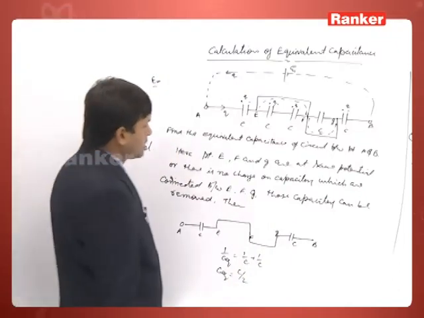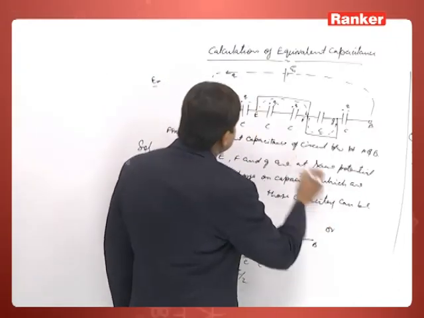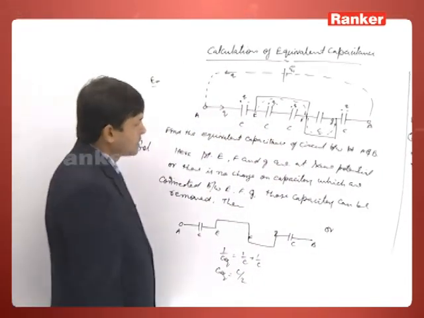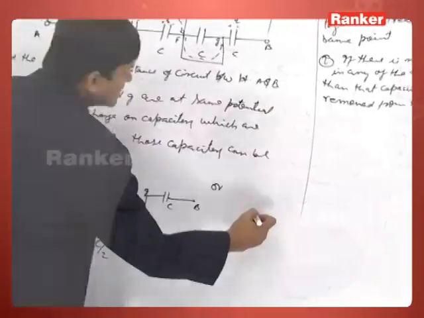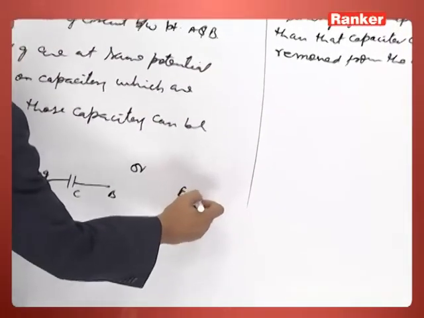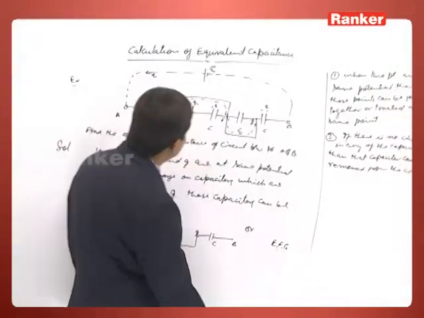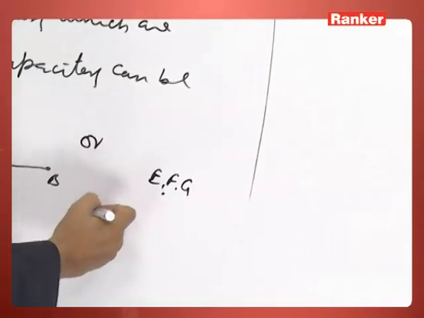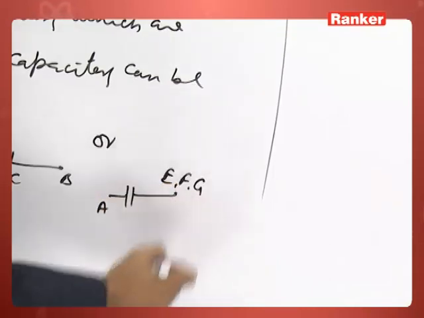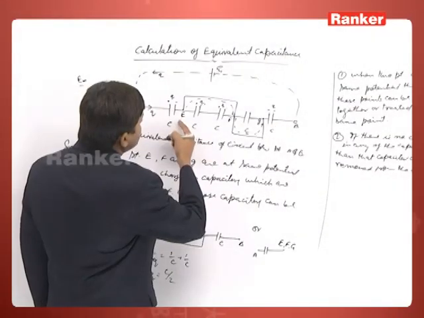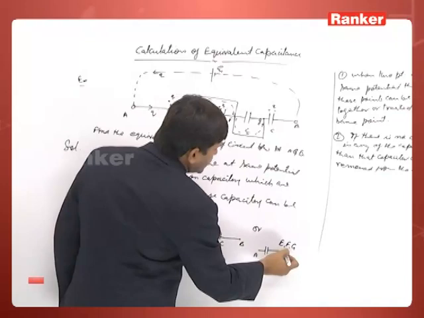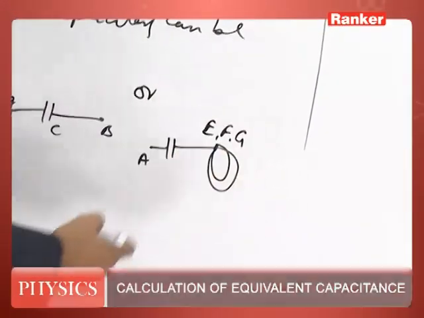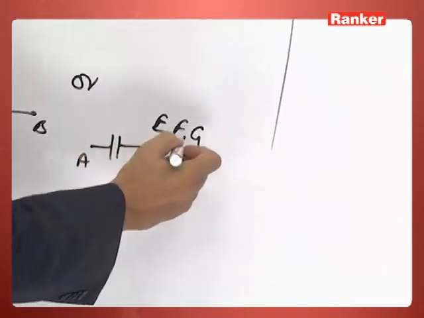Or as I said, these 3 points can be treated as a single point. So let E, F, G be treated as a single point. Between A and E, one capacitor. Between E and F same, F and G also same. The loop, there is no meaning of any capacitor.